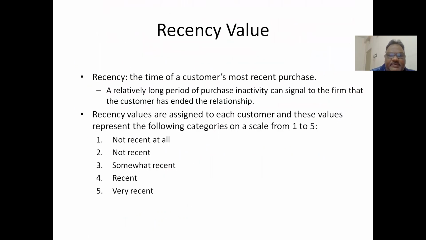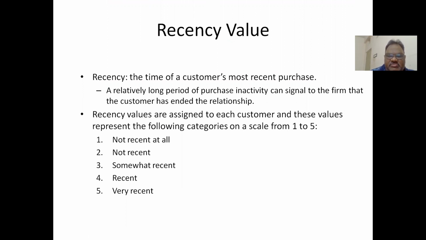Now, I already explained. Recency means the time of the customer's most recent purchase. So recency values are assigned to each customer, and these values represent the following. 1 means not recent at all. 2 is not recent, 3 is somewhat recent, 4 means recent customer, and 5 means very recent customer.